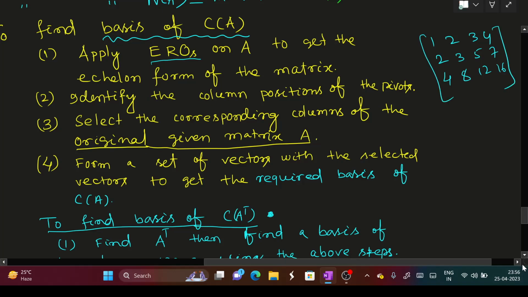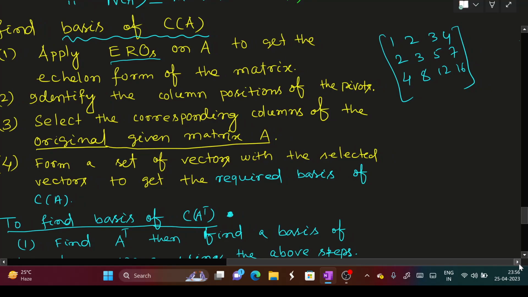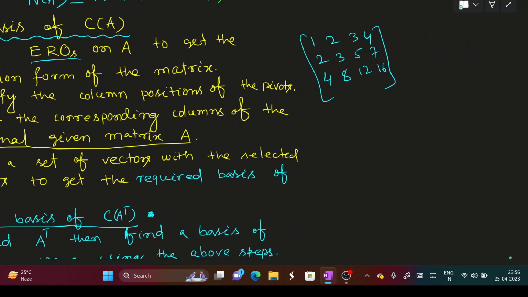Now, what will happen in its echelon form? Directly, in 2 steps, we will apply 2 operations: R2 minus 2R1 stored in R2, and R3 minus 4R1 stored in R3. Let us apply these 2 operations.